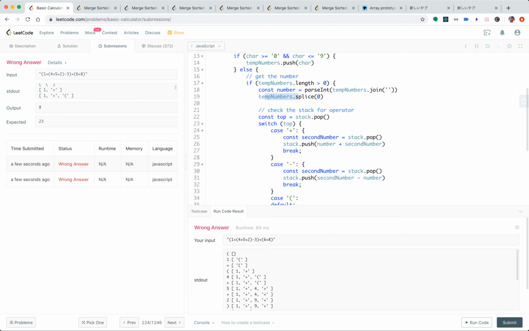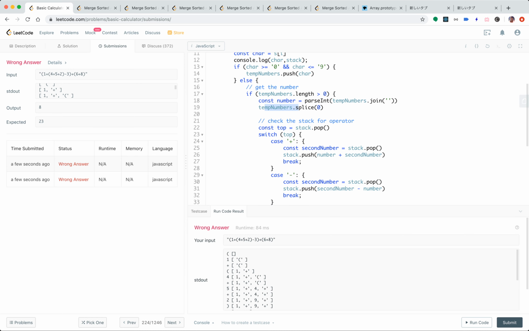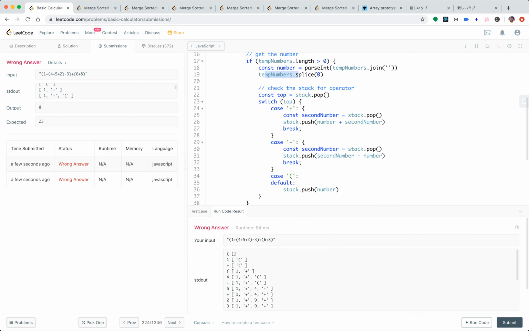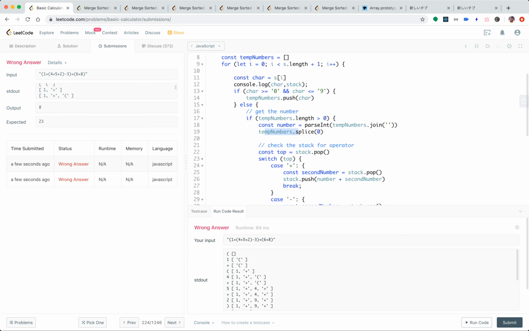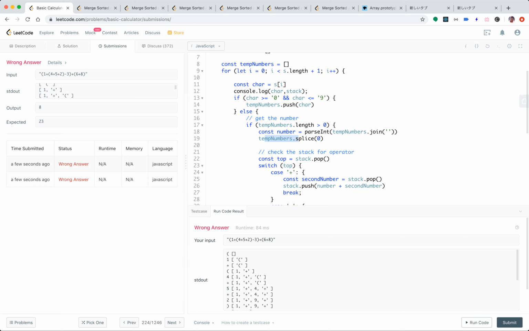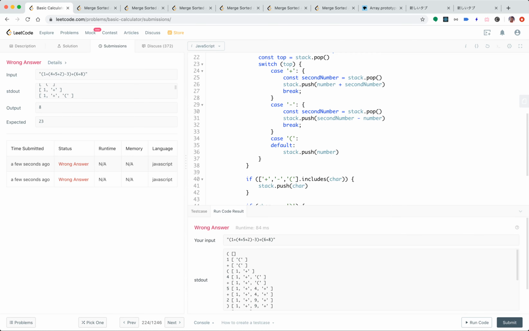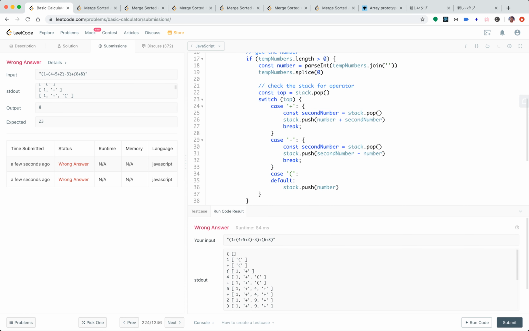Check the stack properties. No, it is only... oh yeah, so actually for this there must be a number. So the number must be pushed.